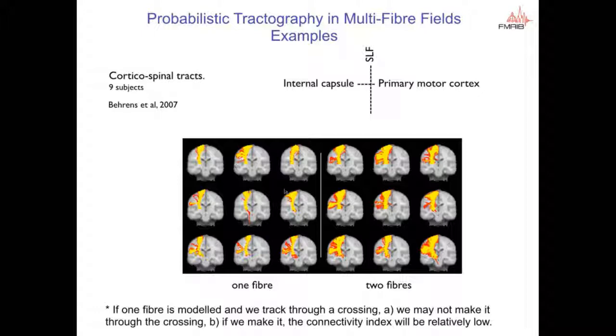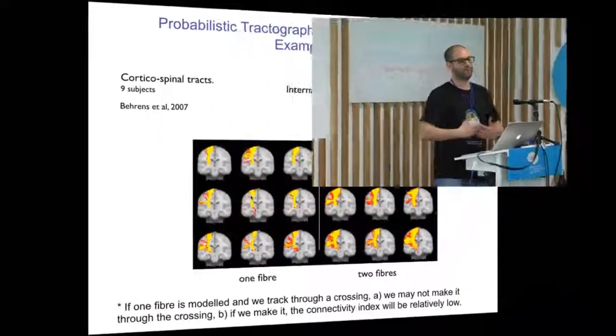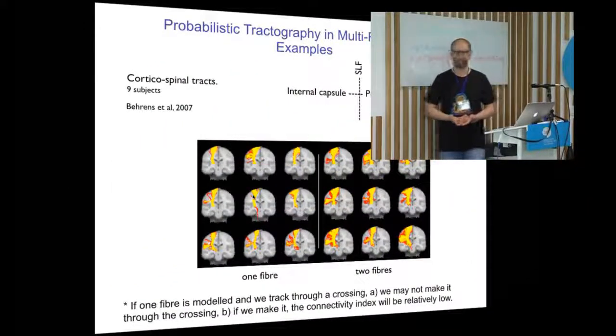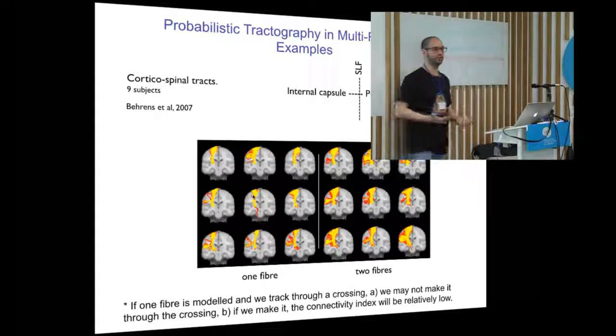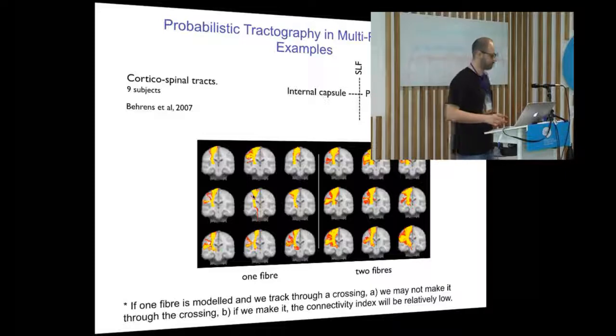You see that for 9 subjects on the left-hand side, if you were not to account for the fiber crossing, you won't be able to reconstruct the lateral projections of the corticospinal tract. That you know that anatomically should be there, but you cannot see them if you have a crossing scenario and you don't account for it in your modeling.